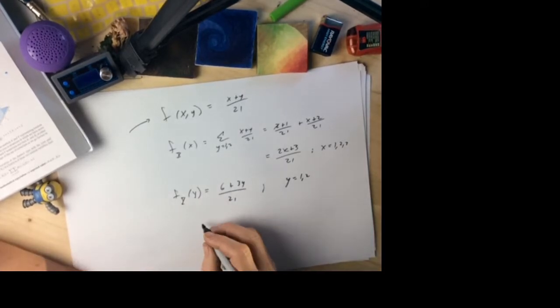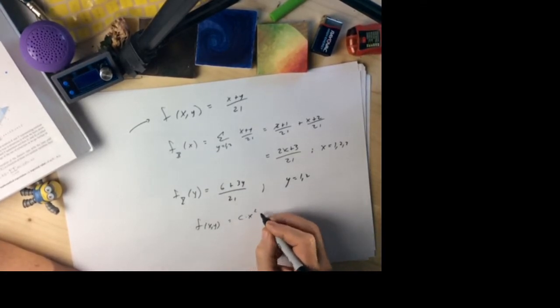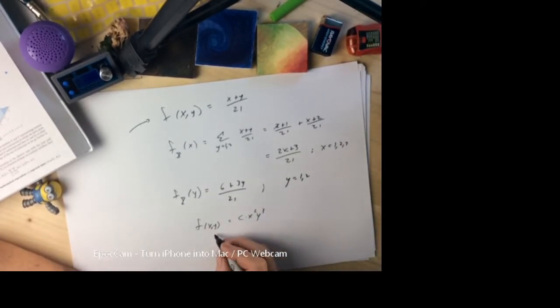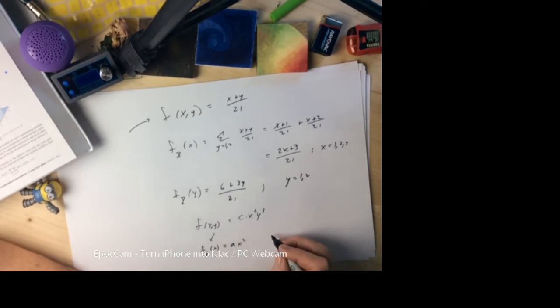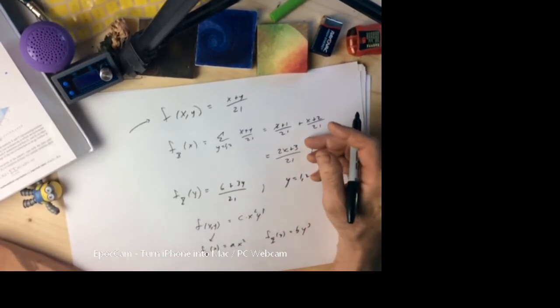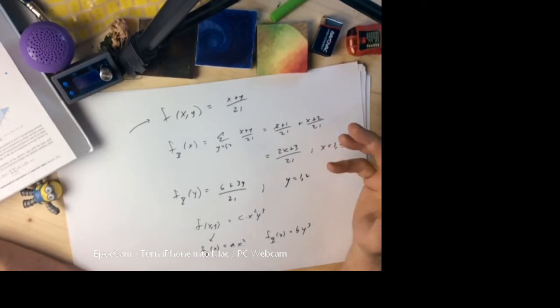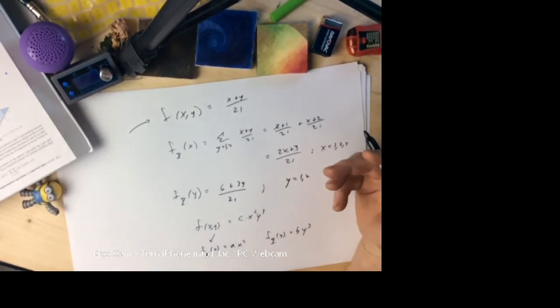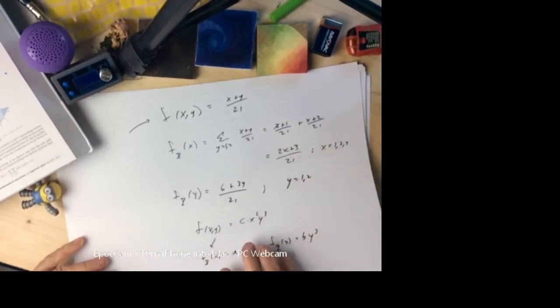So if you're given a function, say like this, f of xy equals, let's say, a constant times x squared y cubed, you might think that f sub x might be some constant x squared and f sub y is some other constant y cubed, and a times b equals c. But it doesn't by any means necessarily have to happen. It could, or it might not. It may look like it's there, but it's not.